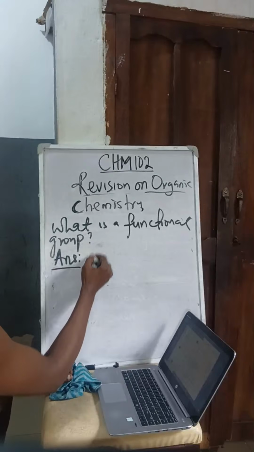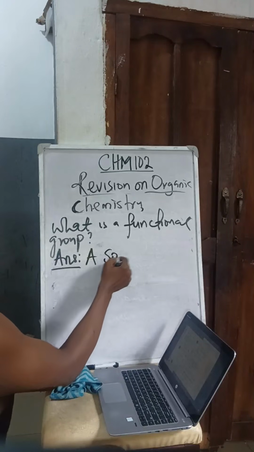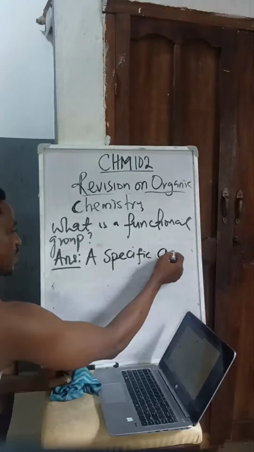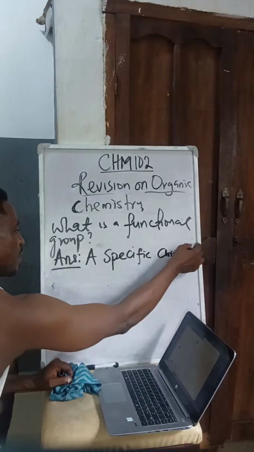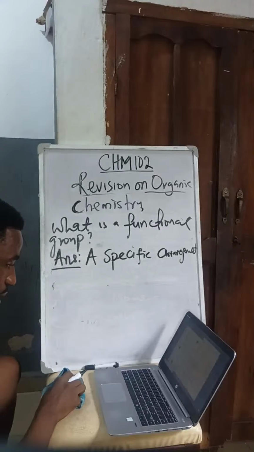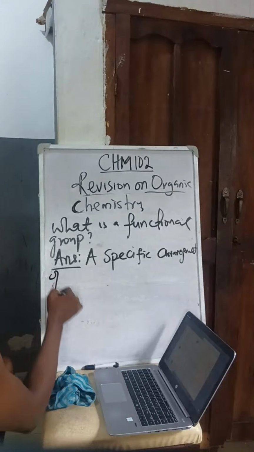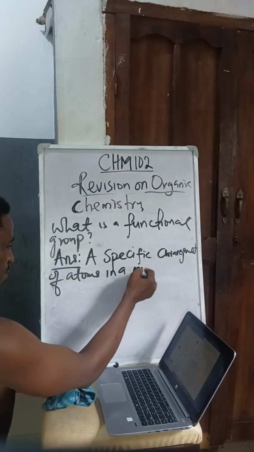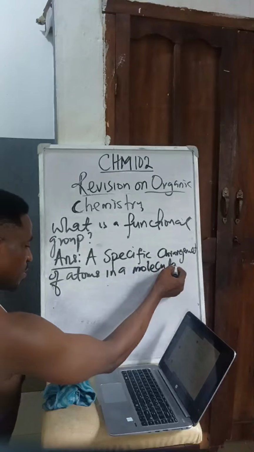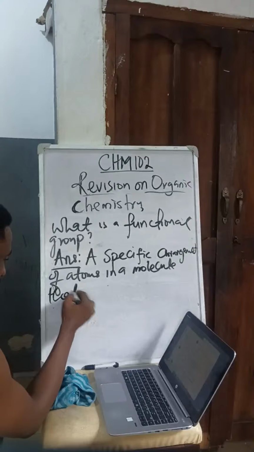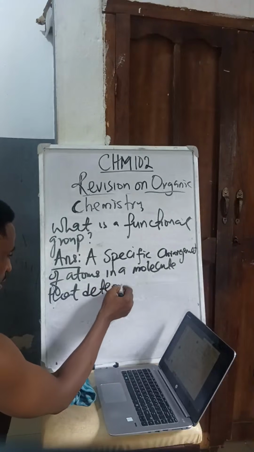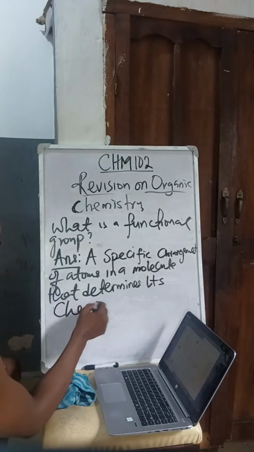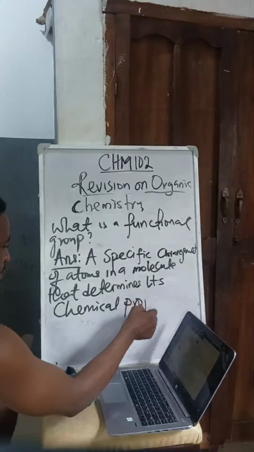A functional group is a specific arrangement of atoms in a molecule that determines its chemical properties.